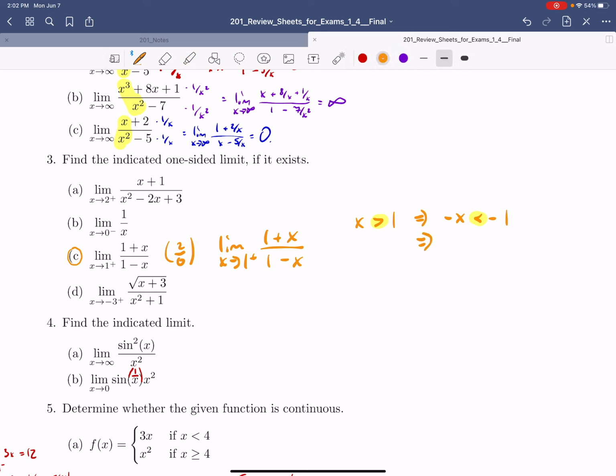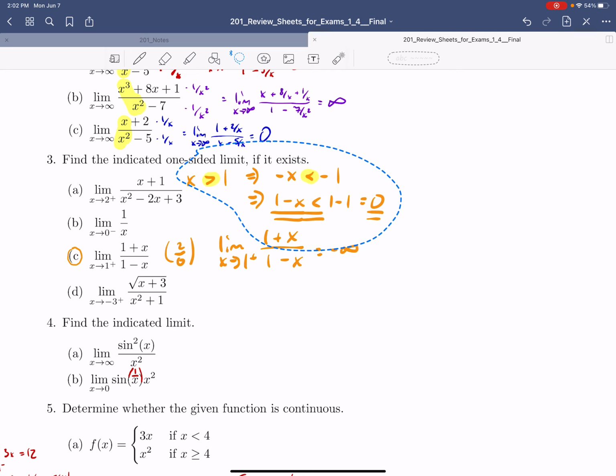And that in turn implies that 1 minus x is less than 1 minus 1, which we know is 0. So that means that 1 minus x is less than 0. Okay? So this is actually negative infinity. That's the work that we would show for it, right over here.